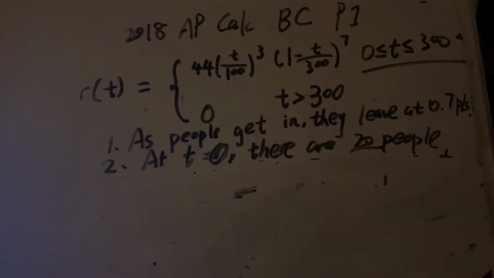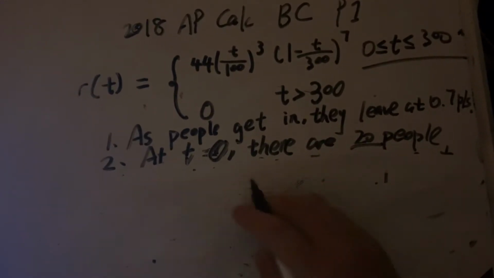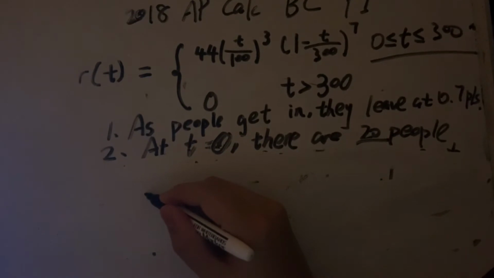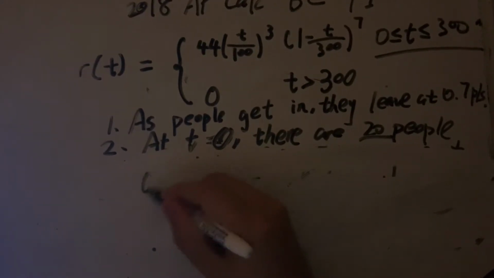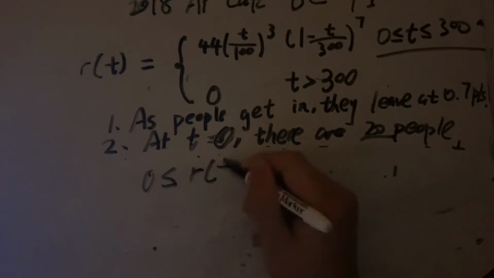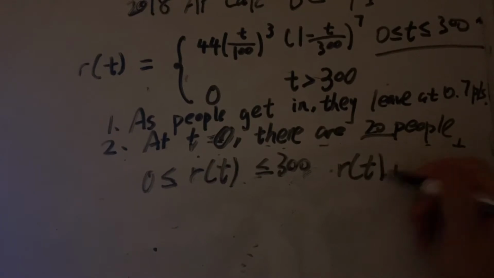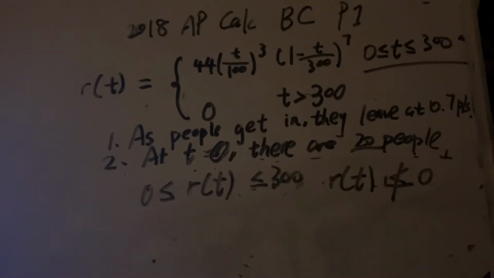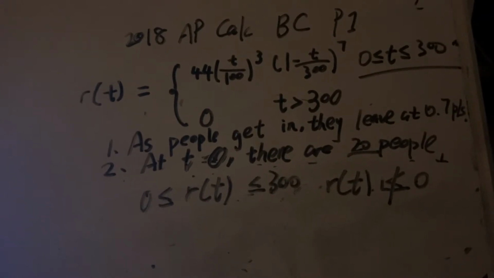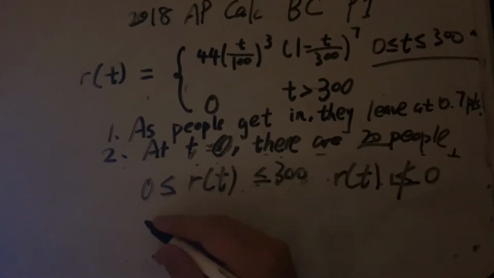Second problem, during the time interval 0 < t < 300, there are always people in line for the escalator, which means that within this range, R(t) is not less than or equal to 0. How many people are in the line at time t = 300?